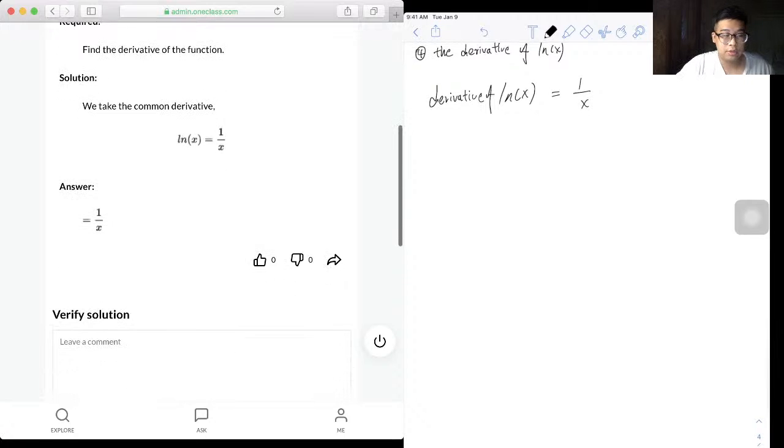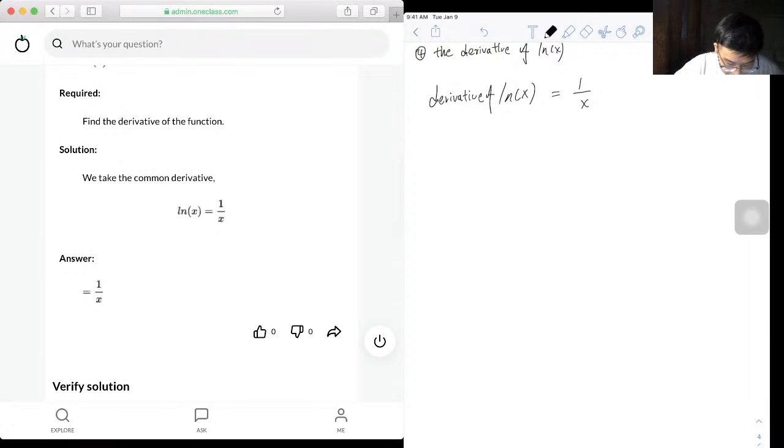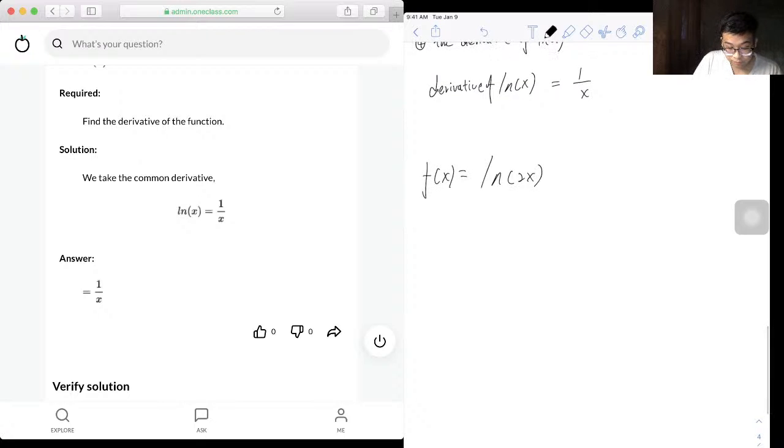And I would just like to expand a little bit more. If we have, let's say, ln 2x, if f(x) is equal to ln 2x. So in this case, when we look inside the parentheses, it's not only just x, but also a function, which in this case will be 2x.